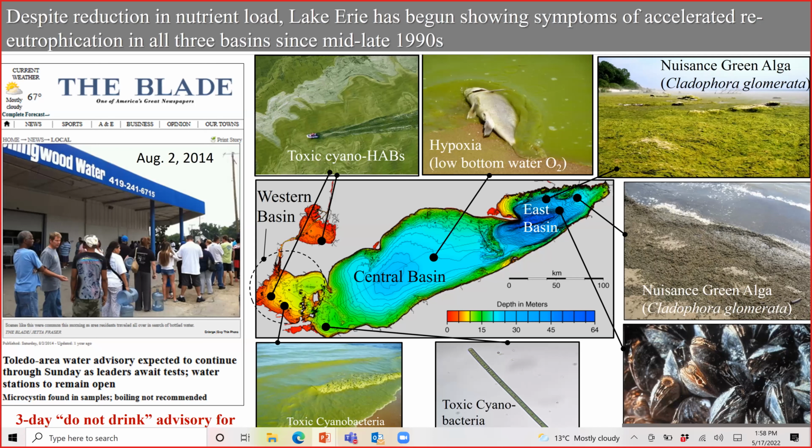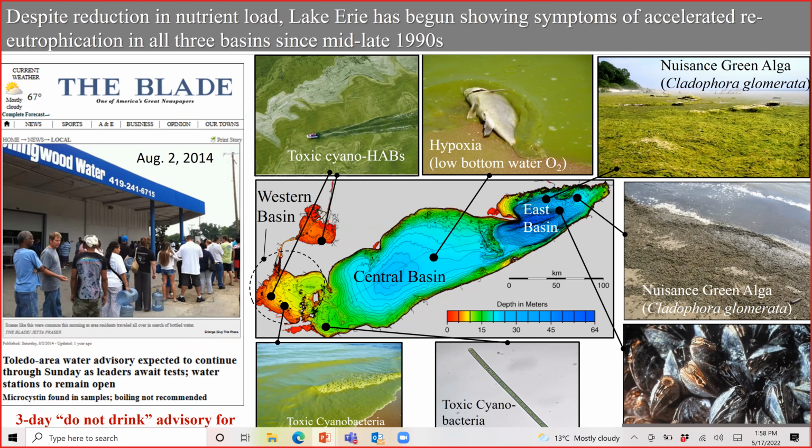Amongst those observed eutrophication symptoms are the toxic cyanobacterial blooms in the western basin, nuisance green algae Cladophora in the eastern basin, and hypolimnetic seasonal hypoxia in the central basin.